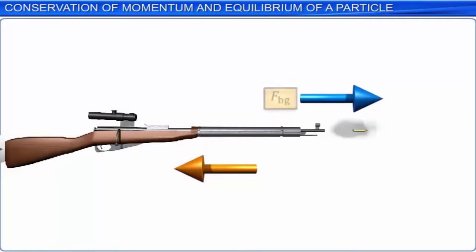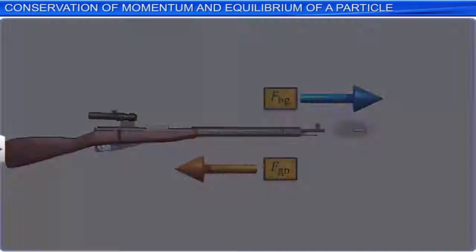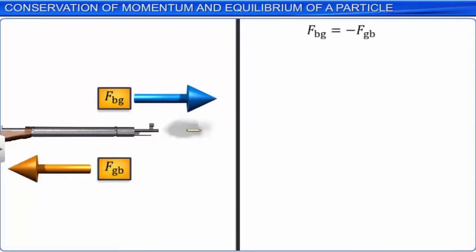If Fbg is the force exerted on the bullet by the gun, and Fgb is the force exerted on the gun by the bullet, then Fbg is equal to minus Fgb. If delta t is the short amount of time for which Fbg acts, it is the same time during which Fgb acts.